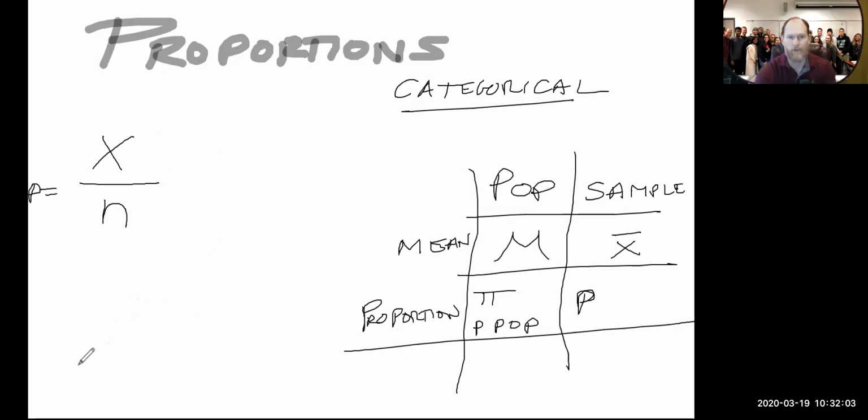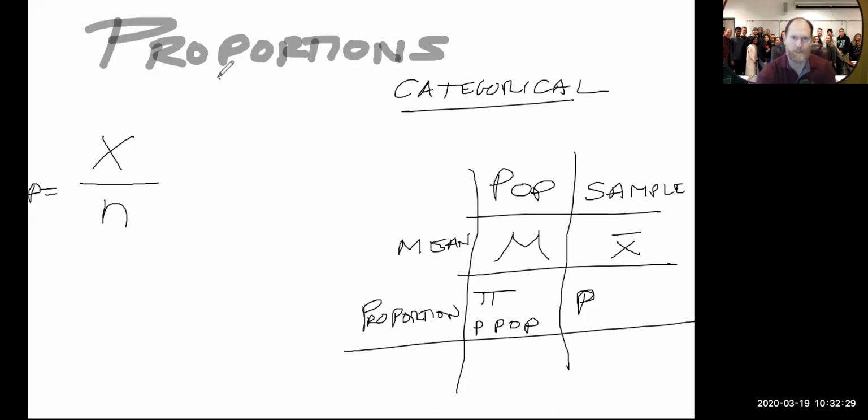And we know that if we ask folks Metallica or Slipknot, that adds up to N. And so N minus the people who said Metallica equals the people who said Slipknot, assuming that we only offered two choices. So these are all proportions.